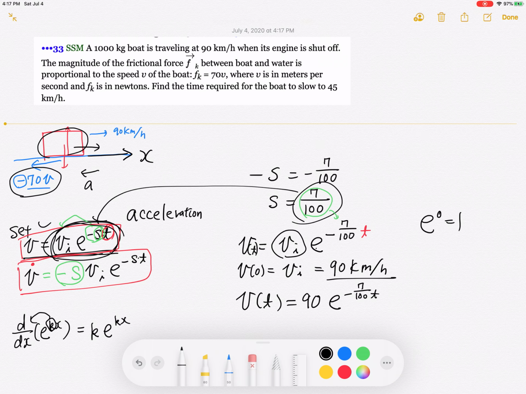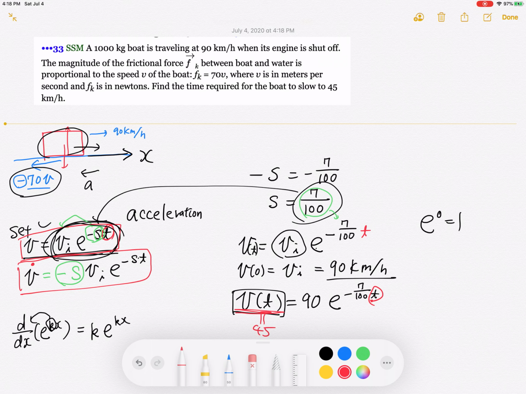The question is asking, find the time required for the boat to slow to 45 kilometers per hour. Okay, so this value v is now 45 after some time. We need to find this t that makes v 45.